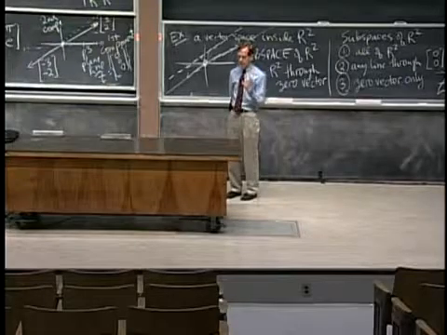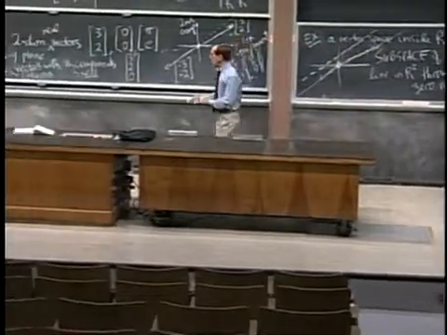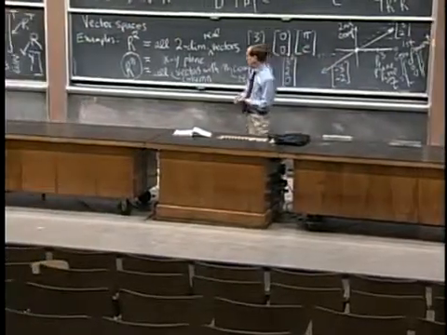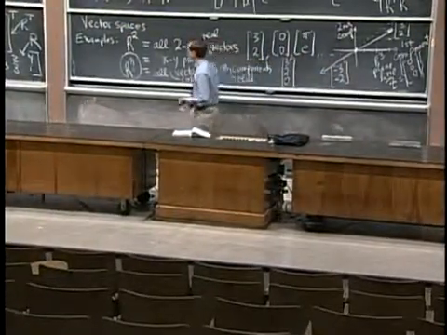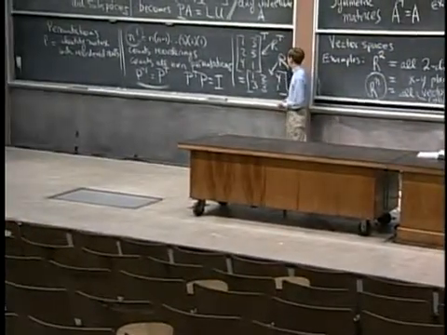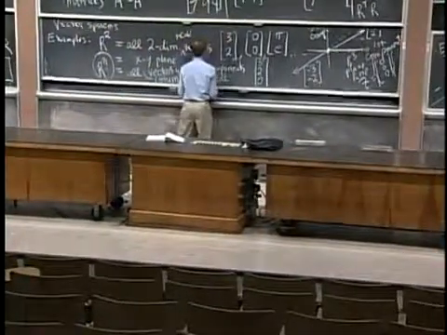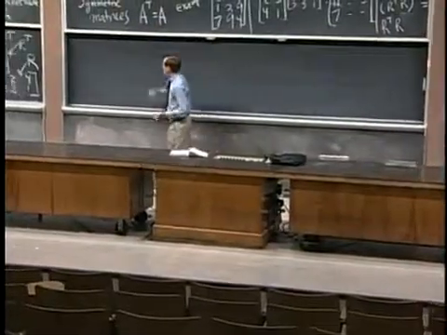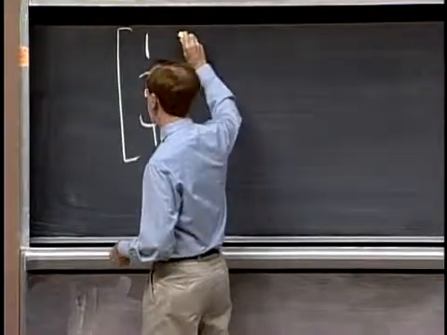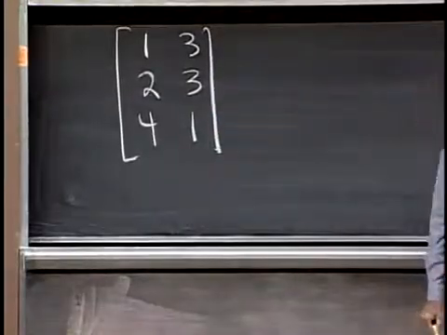But now comes the reality: where do these subspaces come from? How do they come out of matrices? And I want to take this matrix. Oh, let me take that matrix. So I want to create some subspaces out of that matrix. Well, one subspace is from the columns.